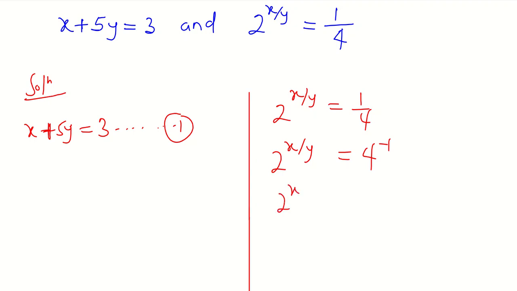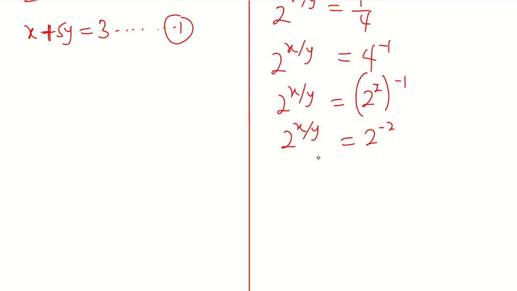Now, 4 can be written as 2 exponent 2, all exponent minus 1. And at this end, we have 2 exponent x out of y, which is equal to 2 exponent minus 2. Now, if that happens, we can see that the bases are the same, so we can equate the exponents. And we have x out of y to be equal to minus 2.